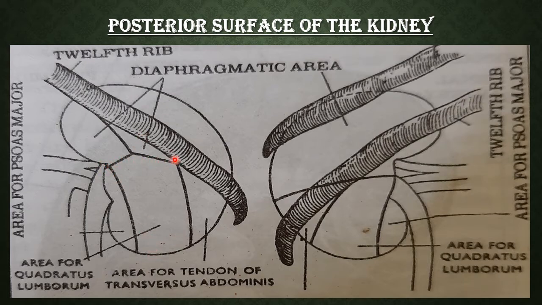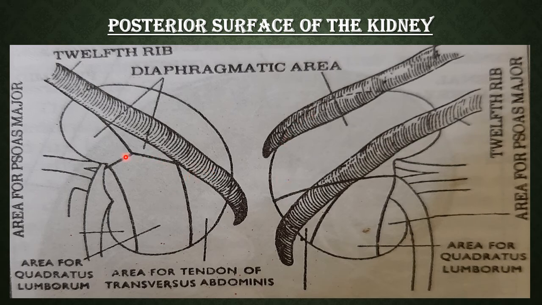On the upper side of this demarcation, we have the diaphragmatic area, which is divided again. This is the medial diaphragmatic area and this is the lateral diaphragmatic area. Here also, the same: it is demarcated at the upper and lower side, where this is the medial diaphragmatic area and this is the lateral diaphragmatic area.